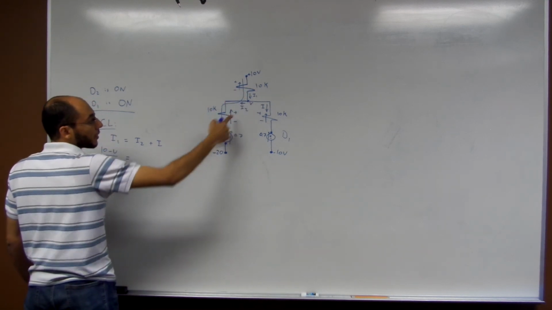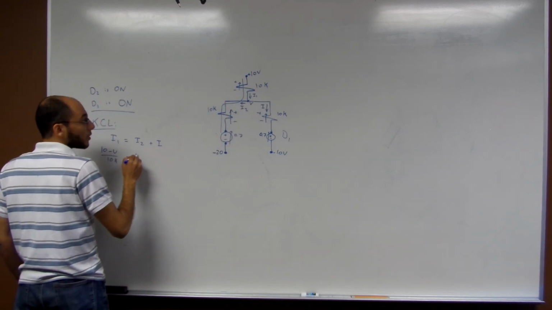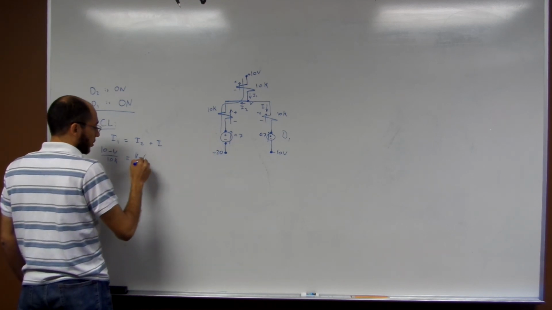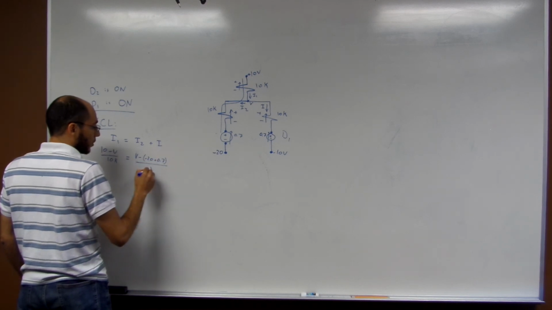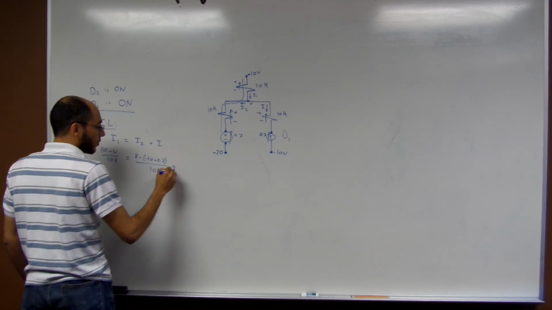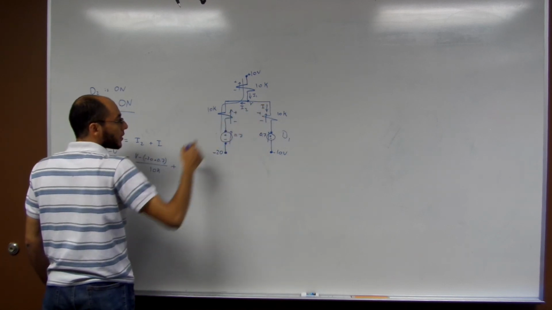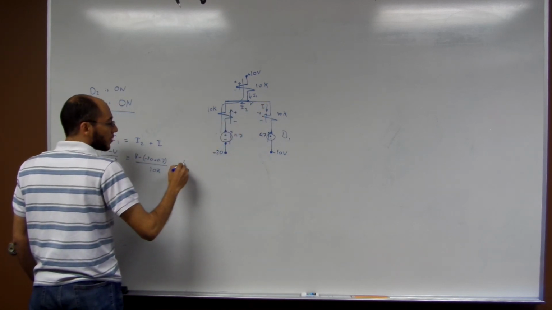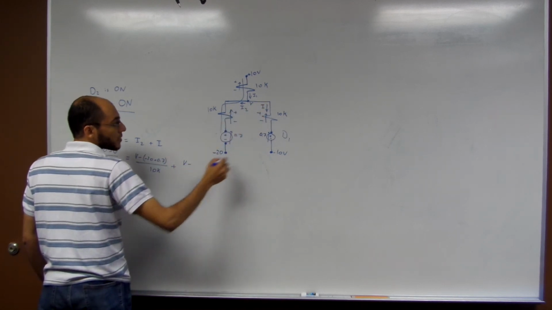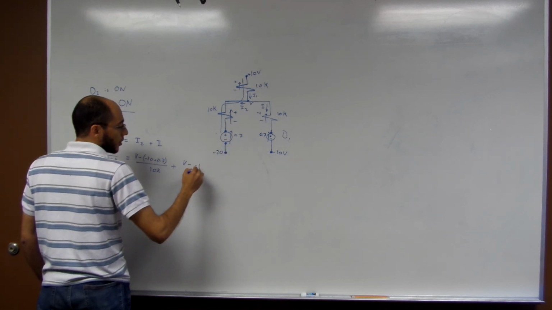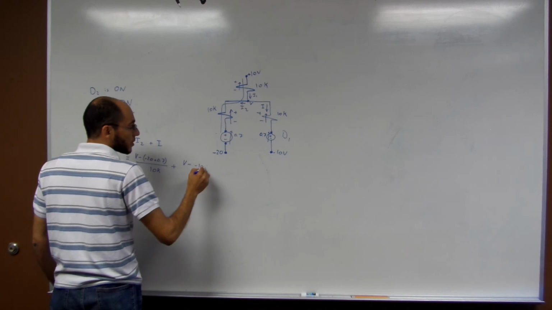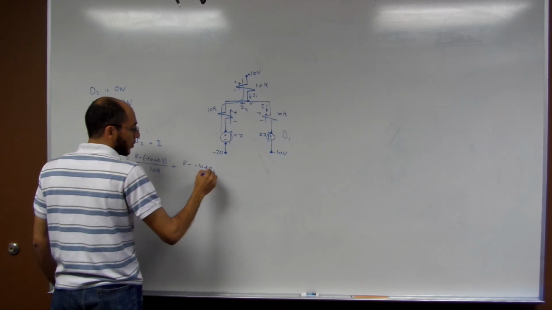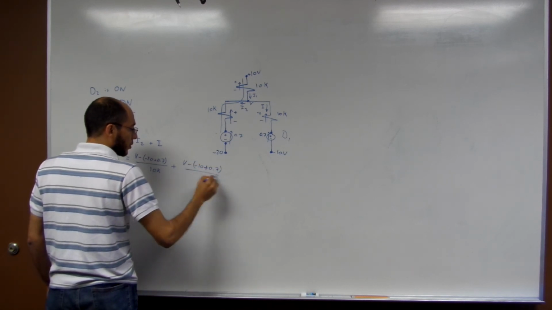And then V minus negative 20 plus 0.7 over 10 kilos plus I, which is V minus negative 10 plus 0.7 over 10 kilos, right?